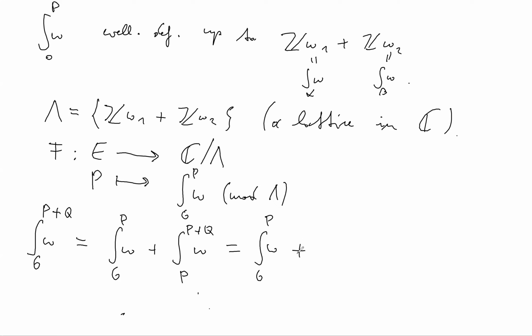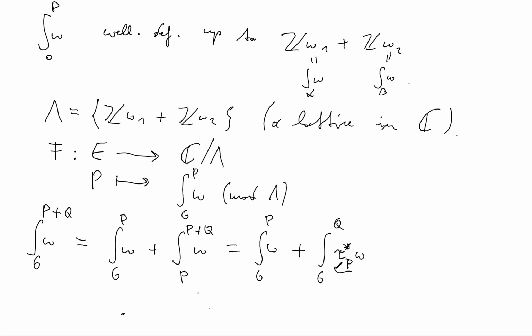We can just shift everything by P, so this will be the integral from O to Q, and I shift my differential by P. This T_P just means translation by P, so you just pull back this differential along the translation by P map.